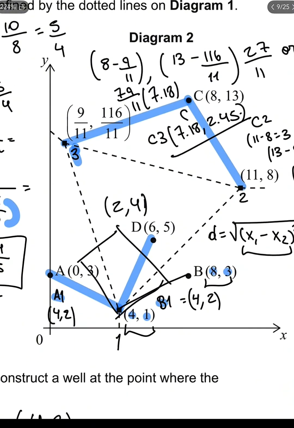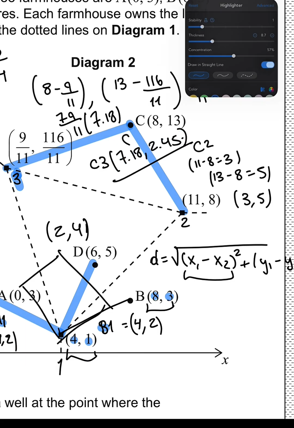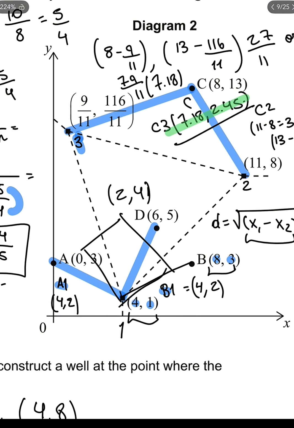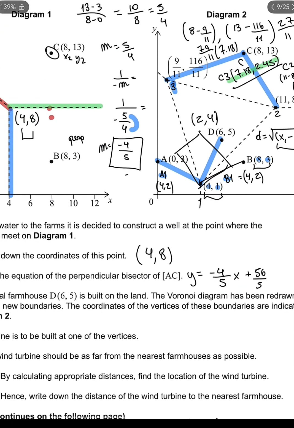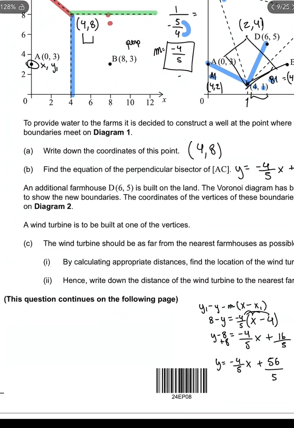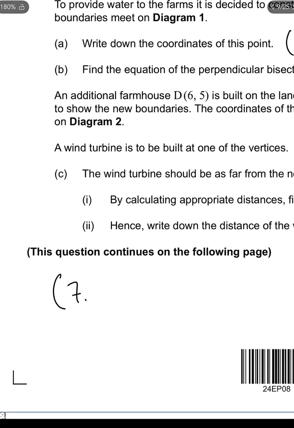So I will use the values that I found, which are 7.18 and 2.45.